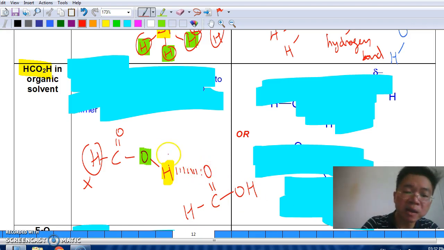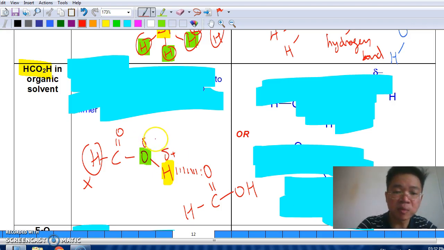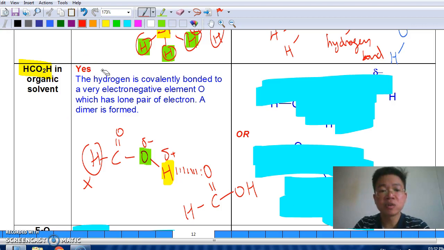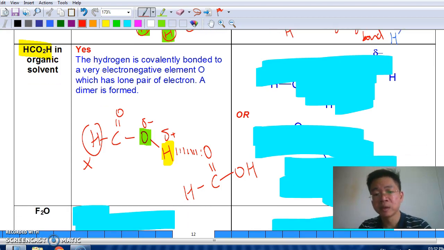So there can be many hydrogen bonds formed between the molecules of the methanoic acid. So here, yes, you can. Hydrogen is bonded to N, O or F, so the hydrogen can form hydrogen bonding.